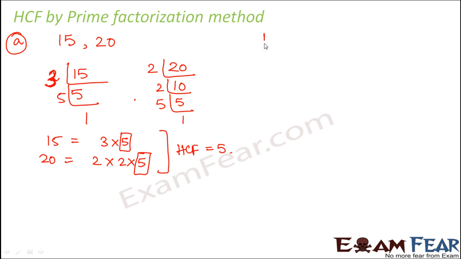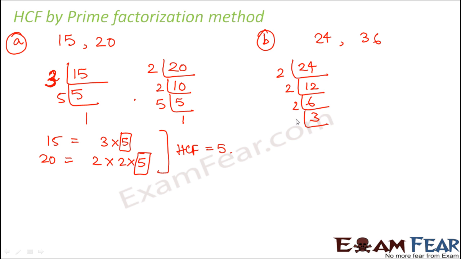Now let's look at the next example, which will actually prove that this method is better. So here we will find out the HCF of 24 and 36. Let us do prime factorization of 24. So this would be 2 into 12, this would be 2 into 6, this would be 2 3s are 6, and this would be 3 into 1.